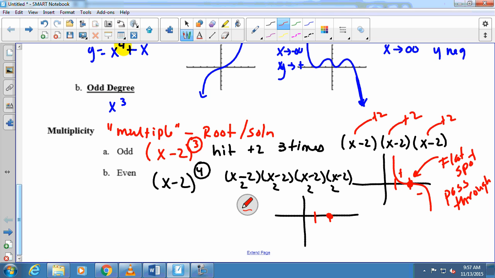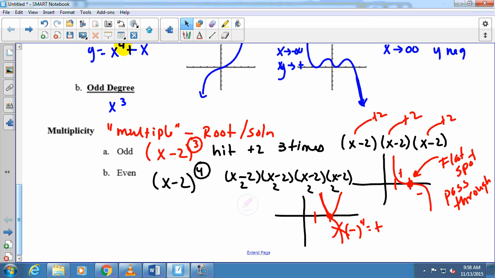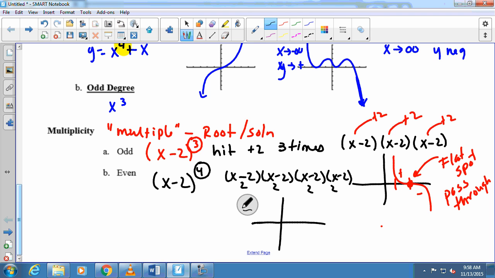Now, if I throw a negative in there or a positive, it's going to do something like this. Why is that? Well, if my graph is positive, positive to the 4th power is positive. If I wanted to go down, I would take a negative to the power of 4, which remains positive. So this has to flip up. So what is it going to look like? So I know that it's hitting 4 times. I know it's going to go to positive 2.